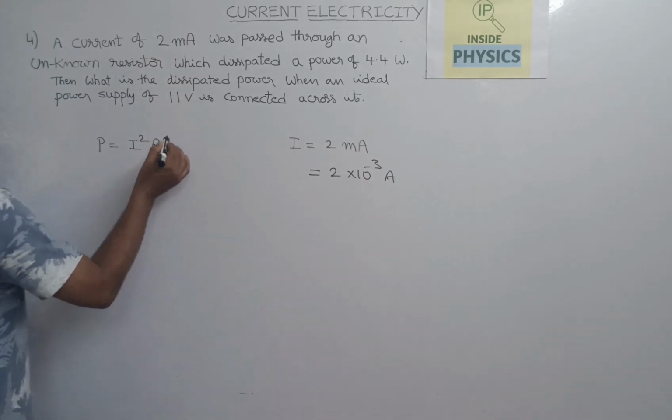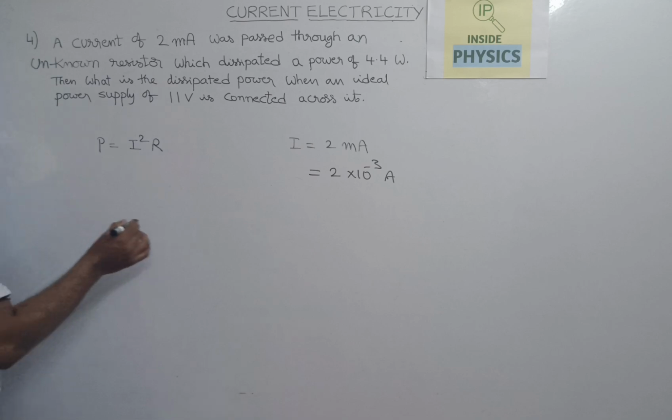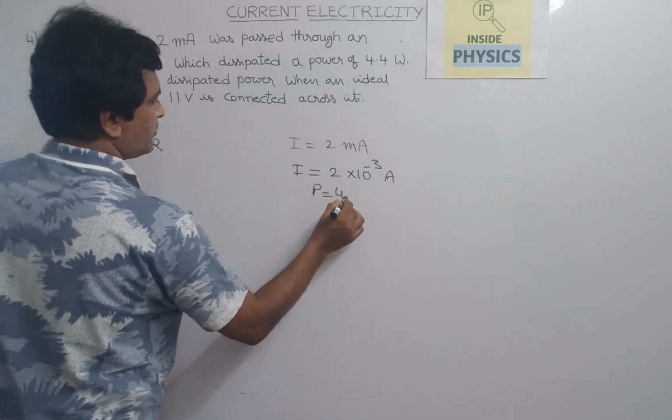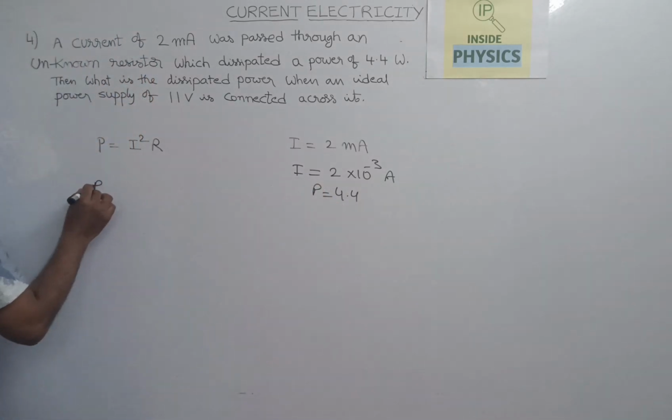Resistance is unknown. We don't know R. So power dissipated is equal to 4.4 watts. We have the data, current and power, so we can calculate the resistance of the unknown resistor.